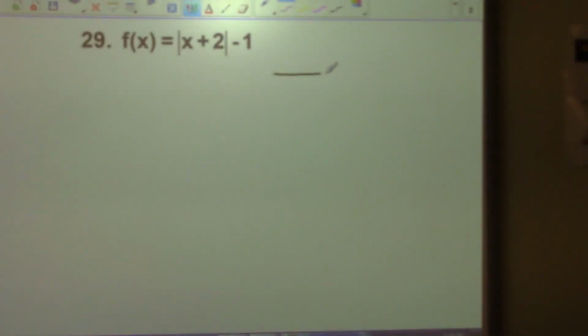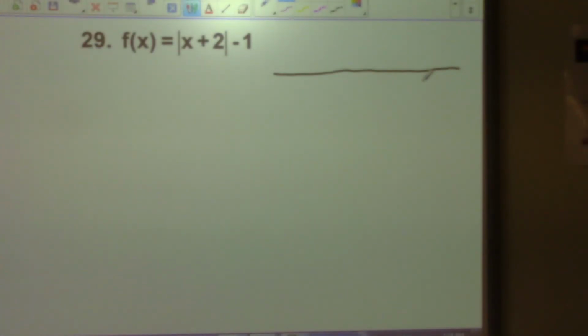Now, why do you think I might remember Algebra 2 Honors better than a lot of you from last year? Because I taught it, and I had how many sections of it? 3 sections.